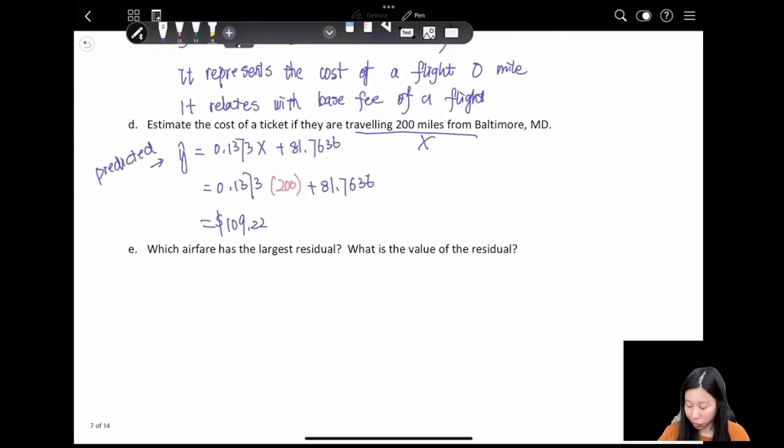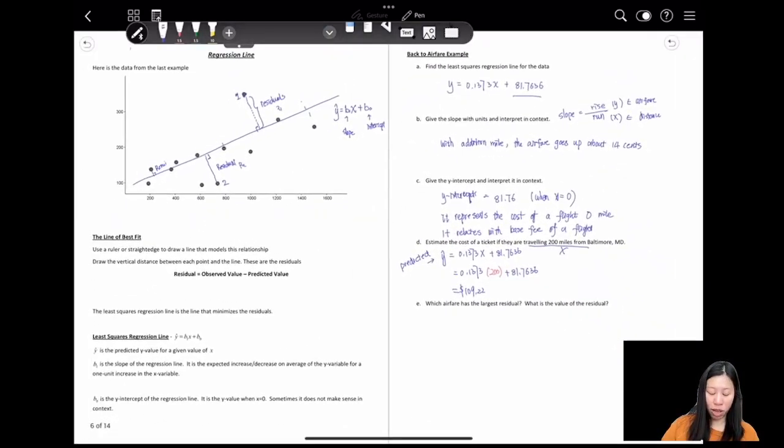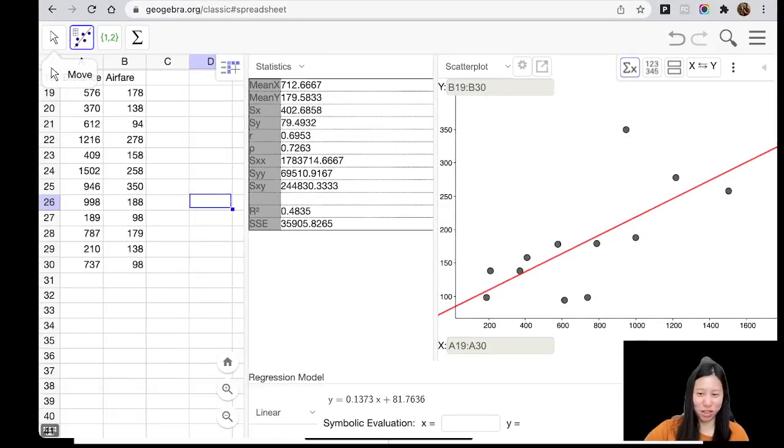Okay. So which airfare has the largest residual? What is the value of the residual? So now let's take a look. Which point is further away from the line? You can look at my graph, it is not perfect. Let's go back to GeoGebra. Which one is so far away? This point, right? It has the largest residual because this point stays furthest away from the line.